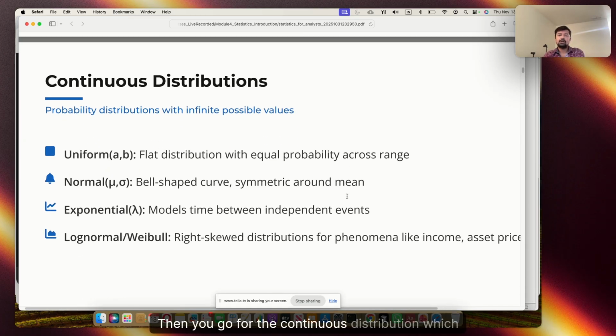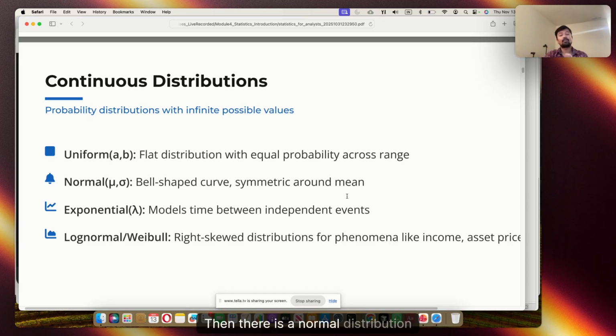Then you go for the continuous distributions, which are probability distributions with infinitely many possible values. In continuous, you will get a lot of values. It can be uniform, a flat distribution with equal probability across the range. If the distribution is a horizontal line, the probability is not changing; all the data points have equal probability.